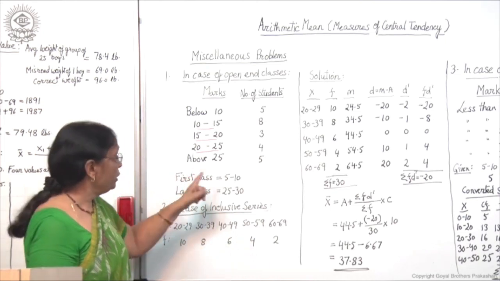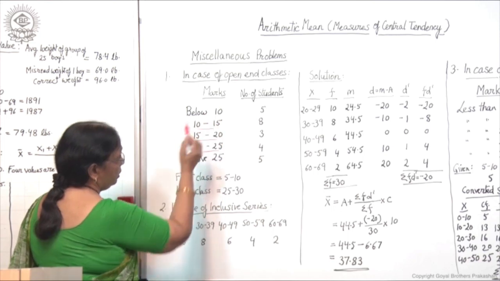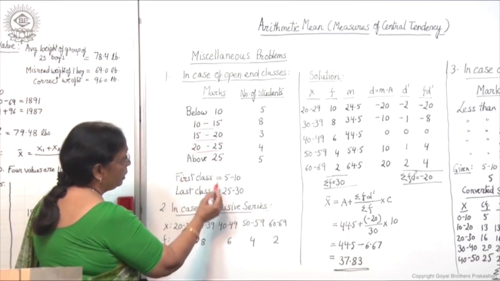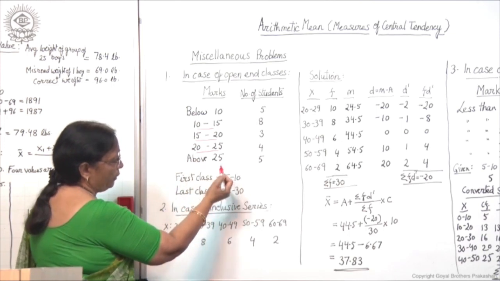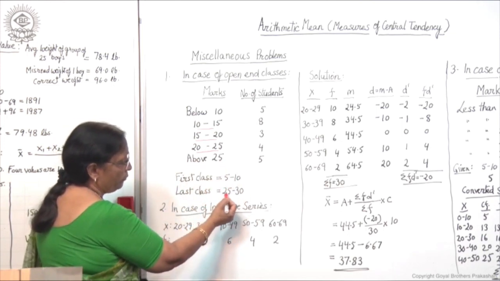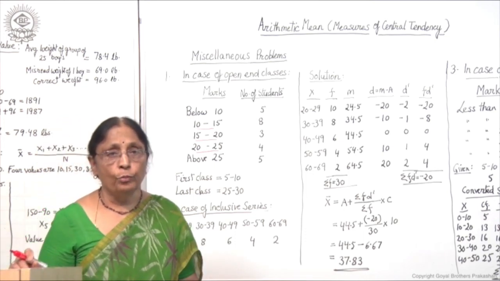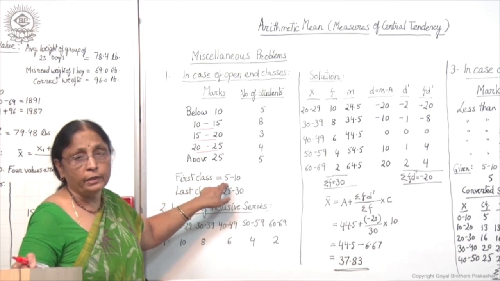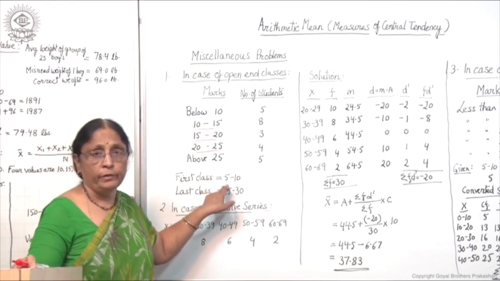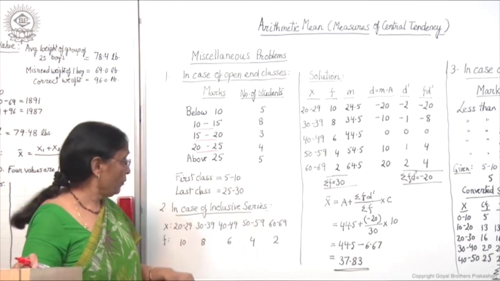So in this way, the first class will be 5 to 10 and the last class will be 25 to 30, because this is above 25. So both the open ends you have closed by taking the class interval of 5 to 10 and 25 to 30.